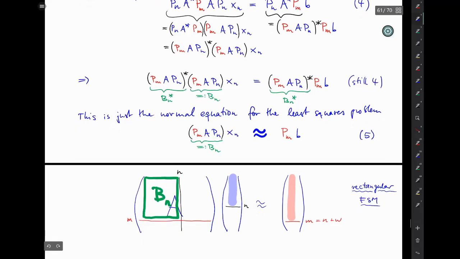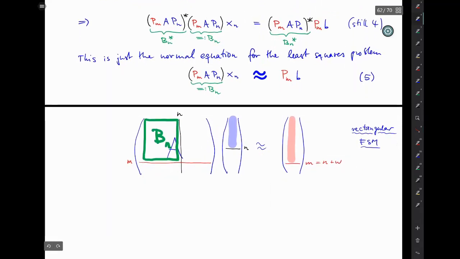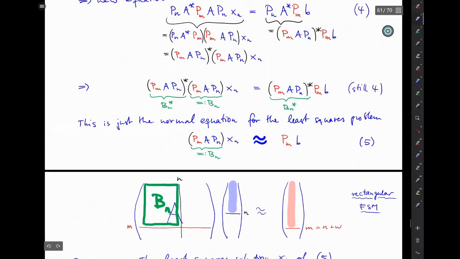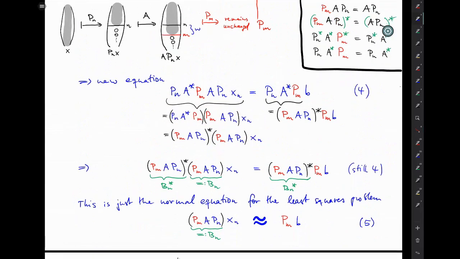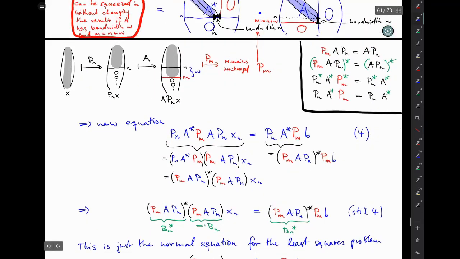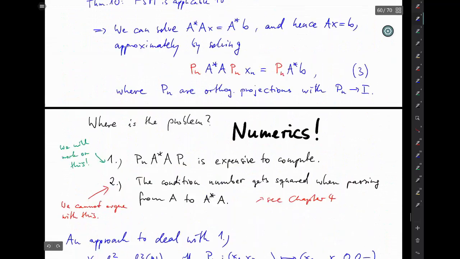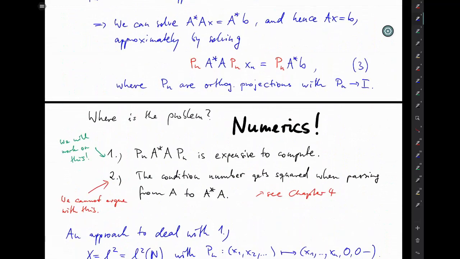So let me sum up here. The least squares solution xn of 5 is the solution of the normal equation 4, but 4 is, at least if A has bandwidth w, the same as, where are we? 3, just with these Pms squeezed in here and here.